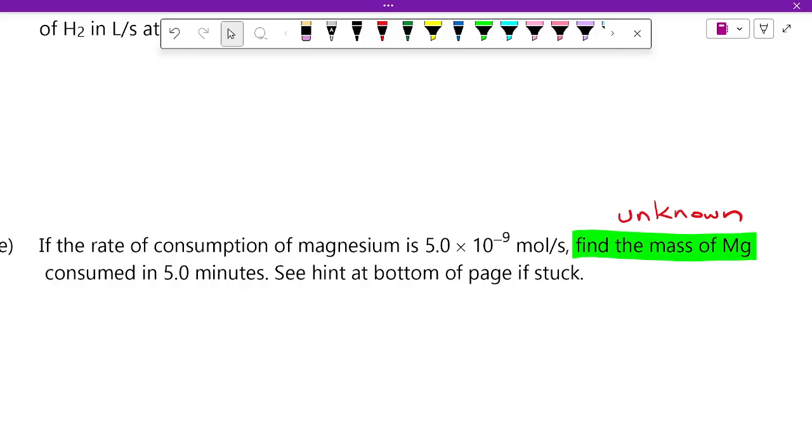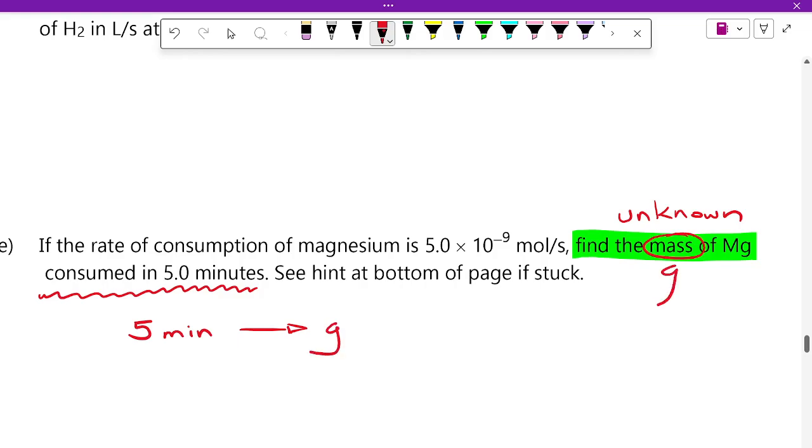Time, yeah. Consumed in 5 minutes. So what we want to do is take 5 minutes and eventually convert that into the mass of magnesium. And what is the unit of mass? Grams. So we want to get to grams.